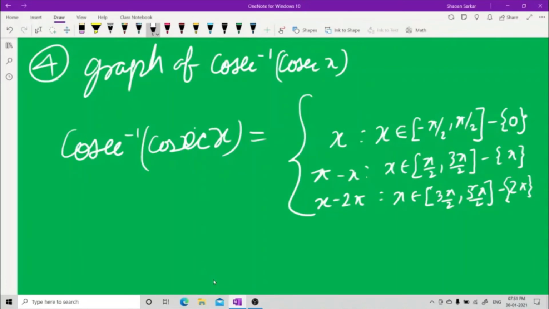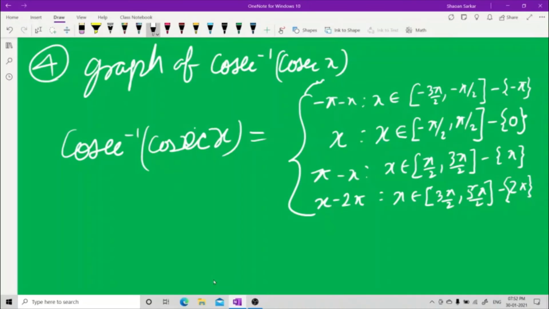Now for this it would be minus pi minus x for x belonging to minus 3 pi by 2 to minus pi by 2, from which minus pi would be removed. And you can do that also.